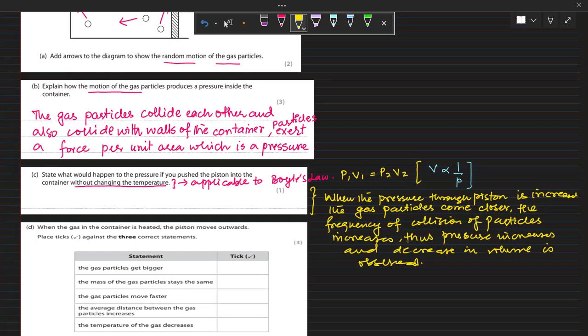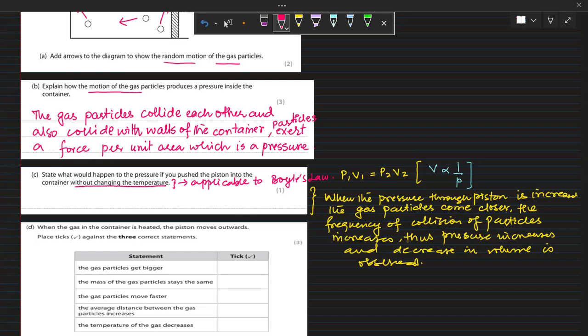All right, so what we were discussing. The question was: what would happen to the pressure if you push the piston into the container without changing the temperature. We have developed the concept that when you push the piston, the pressure would also increase.